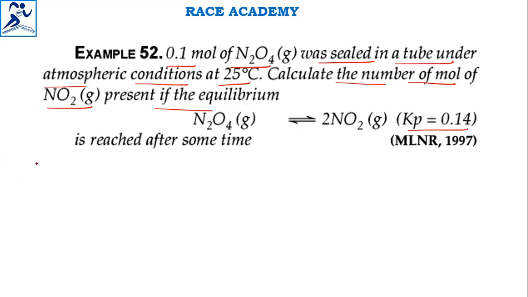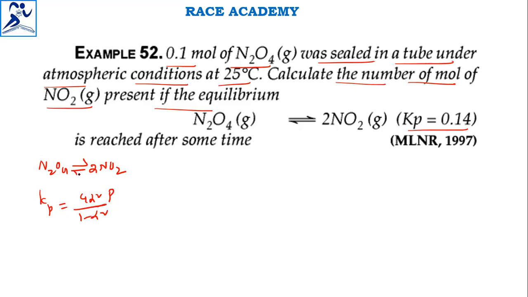Usually for this type of reactions, N2O4 in equilibrium with 2NO2, when you consider alpha as the degree of dissociation, then we have the Kp expression, that is 4 alpha square into P by 1 minus alpha square.